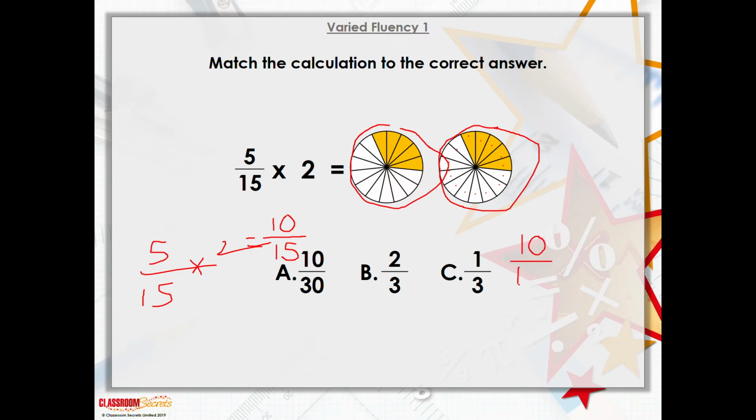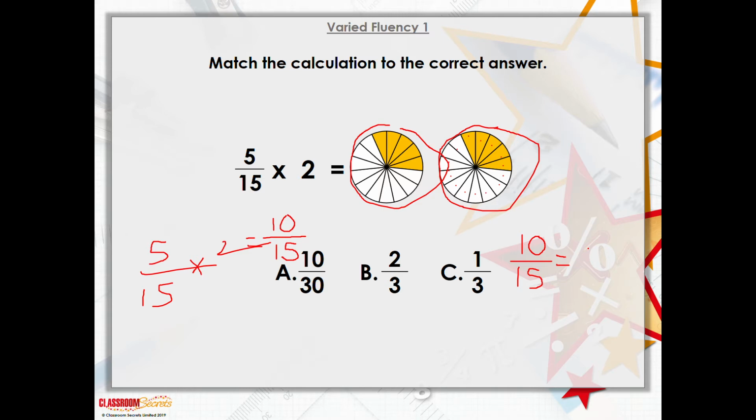I need to find the highest number I can find that when I divide 10 and 15 by that number, it will make the highest simplified fraction I can make. So if I use 10, obviously 10 fits into the number 10, but 10 does not fit into my 15. So if I was going to divide 15 by 10, it wouldn't make a whole number.